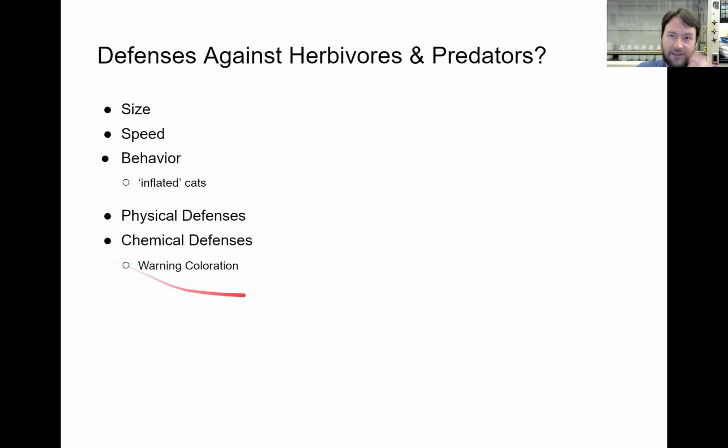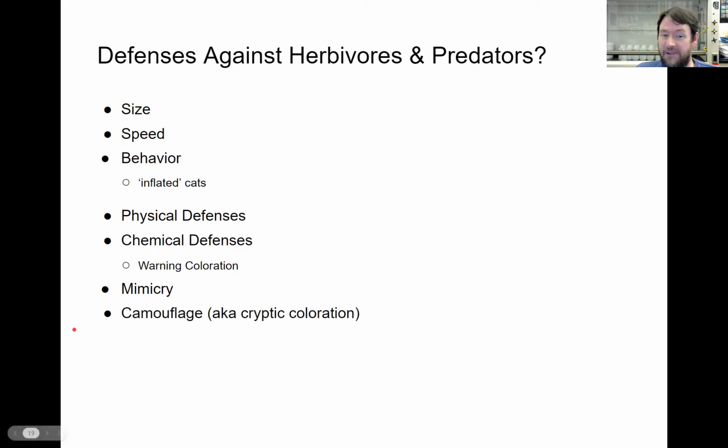So that's kind of a signal to predators, and we'll talk about that a little bit more. There's mimicry. Maybe you don't have chemical defenses, but maybe you want to pretend like you do. So there are different kinds of mimicry that take advantage of that. And then another defense could be camouflage, also called cryptic coloration, so blending in to the environment so that you don't get noticed.